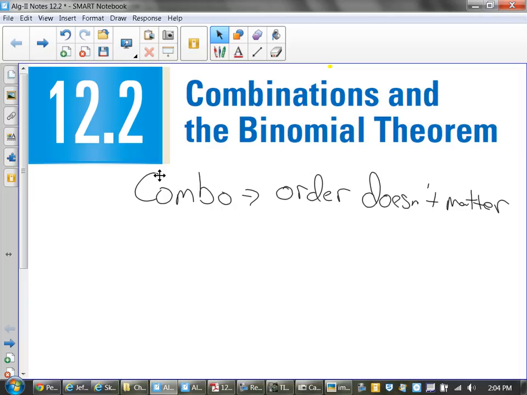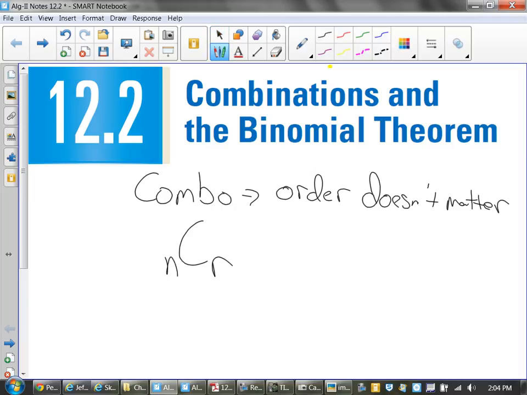So I start out with just 5 cards. In order to figure out how many different combinations you can come up with out of a deck of cards where the order doesn't matter, you use n choose r. This is where order doesn't matter.